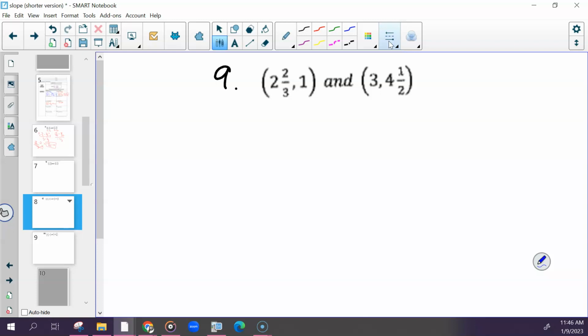If by hand, you're multiplying the bigger number by the denominator, and then adding your numerator. We have 6 plus 2, so 8. Your denominator stays the same. And then 8 plus 1 is 9.